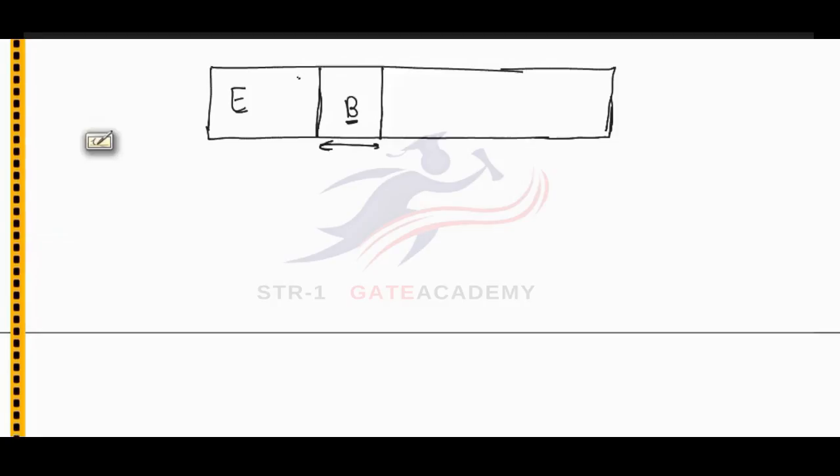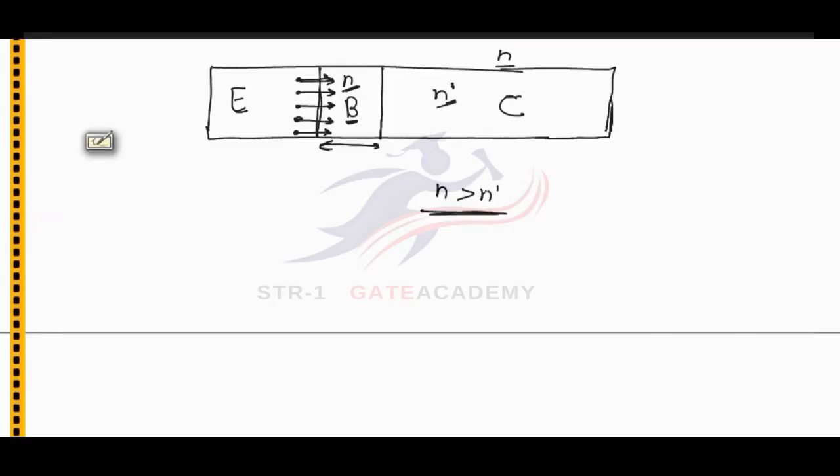If we are injecting majority charge carriers into the base region, then we should ensure that the concentration of electrons in base region, that is N, and concentration of electron in collector region, as collector is N type region, this will be very large, but as we are injecting electrons into base region, the electron concentration in base region will increase and should be greater than N dash. This we have to ensure.